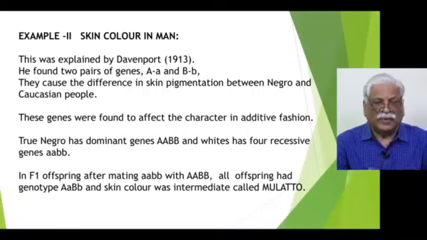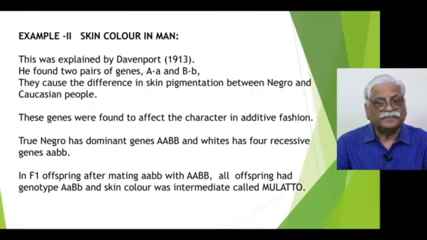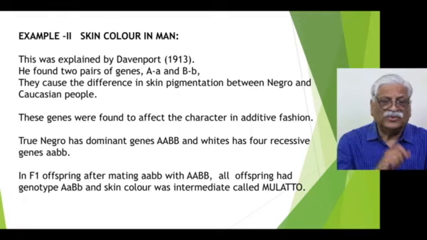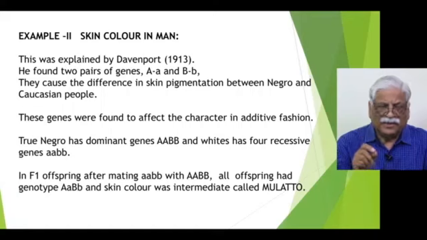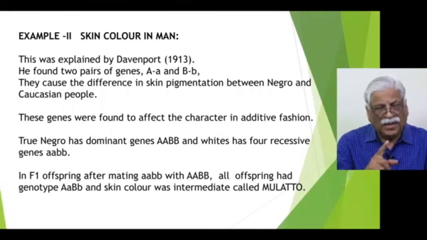Let us see another example, which is skin color in man. This kind of study was first done by Davenport in 1913, and he tried to use pairs of genes. One is A, small a, capital B, small b. A is a dominant character and small a is a recessive character.